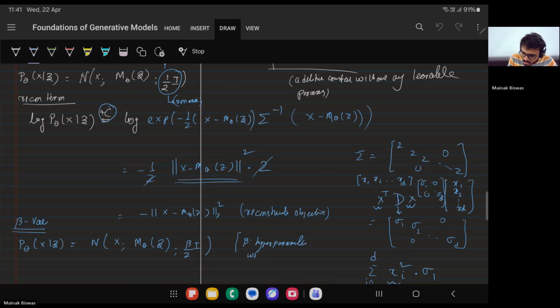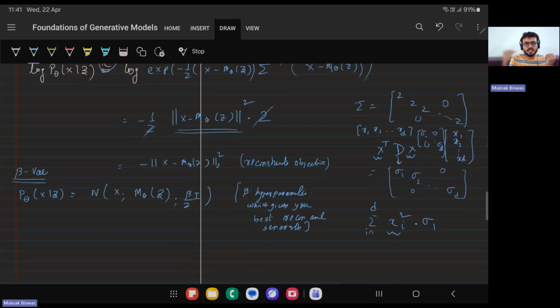Beta is a hyperparameter which gives you the best reconstruction and generation. What do I mean by that? I mean that if beta is small, if beta goes to 0, my variance for each latent should go to 0, which means my distributions would be something like this for the data.